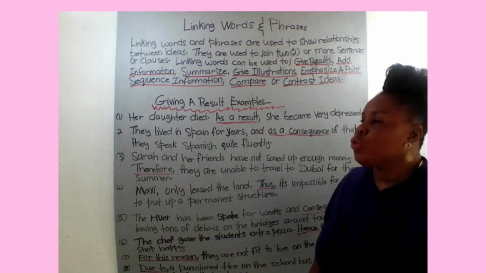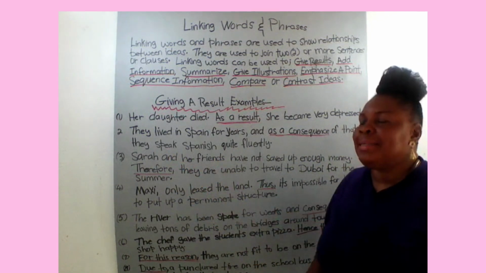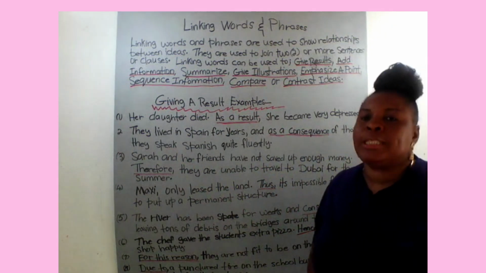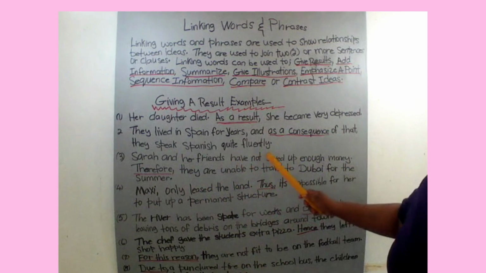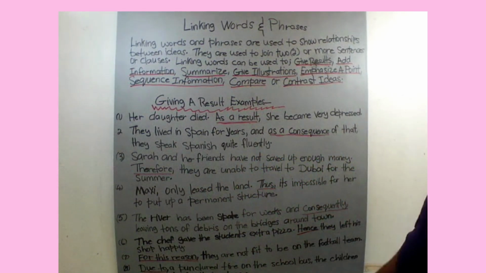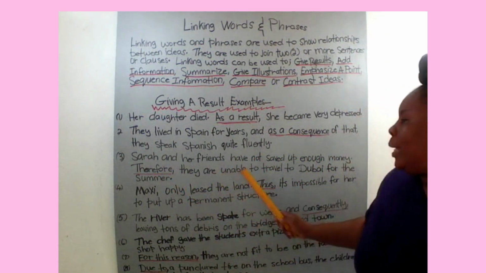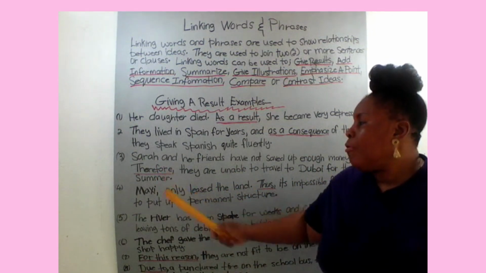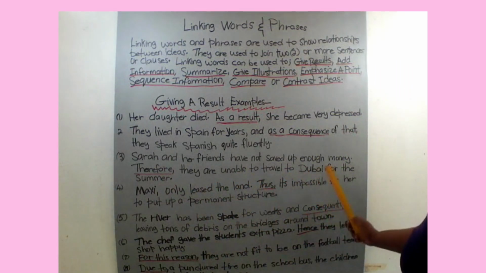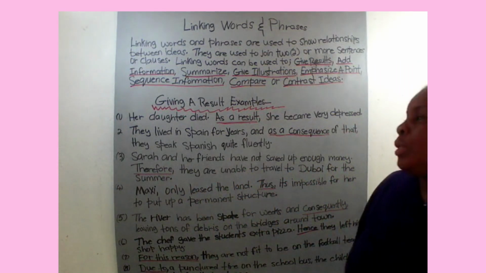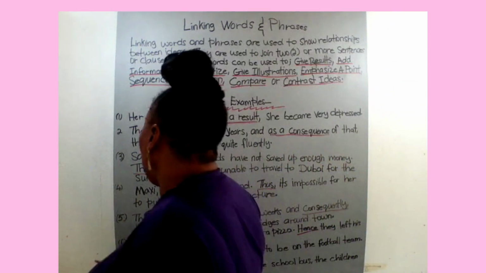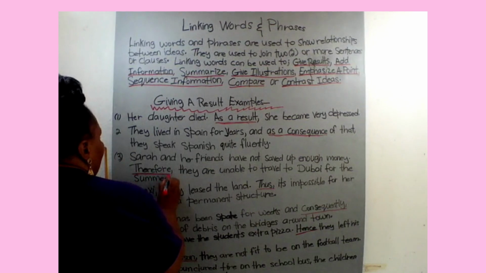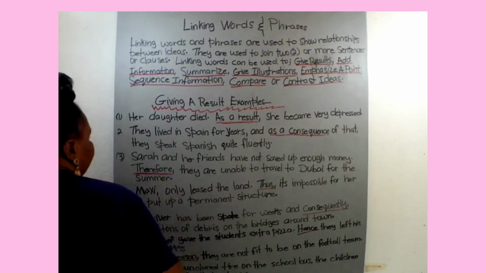Let's see number 3. Sarah and her friends have not saved up enough money. Full stop. Therefore, they are unable to travel to Dubai for the summer. So, therefore is what would link the two different sentences or clauses together, right?